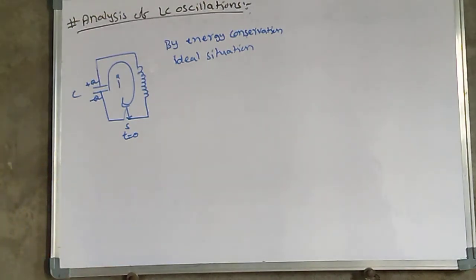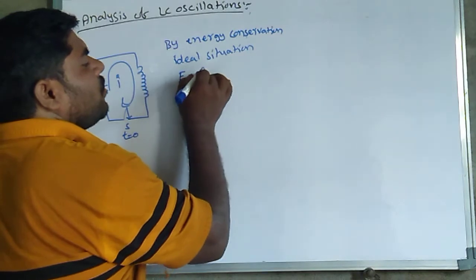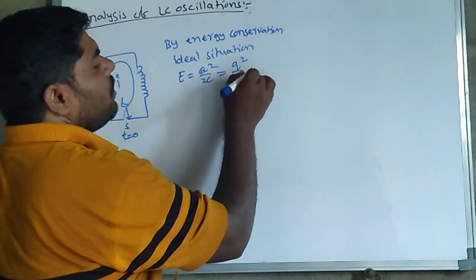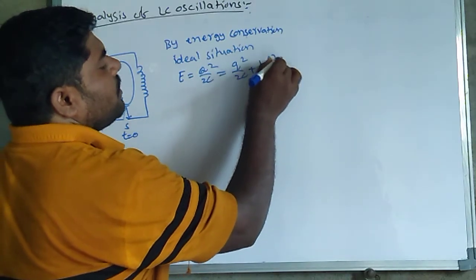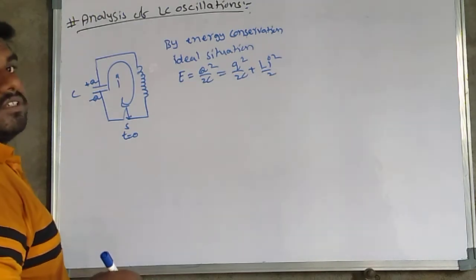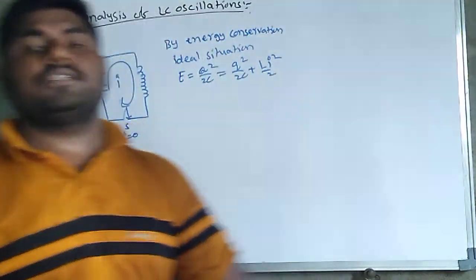In the ideal situation, the energy of the system is Q squared by 2C, which should be equal to small q squared by 2C plus L into I squared by 2. This is the conservation of energy equation.